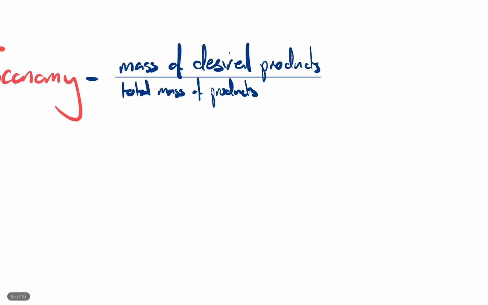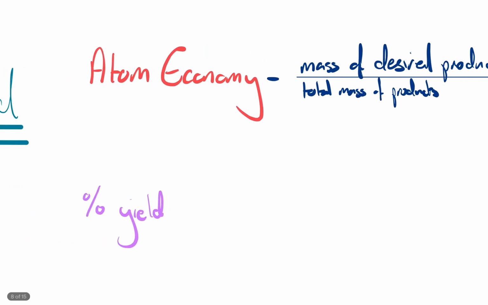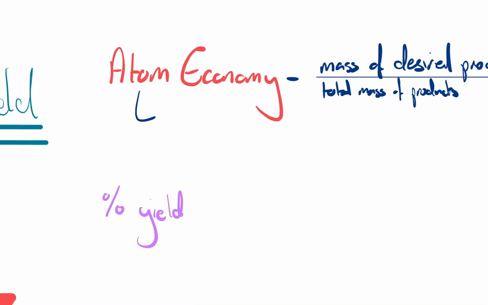And we generally have this as a percentage, so we times that by 100. And essentially, the higher this is, the better, as it will mean there is less waste.